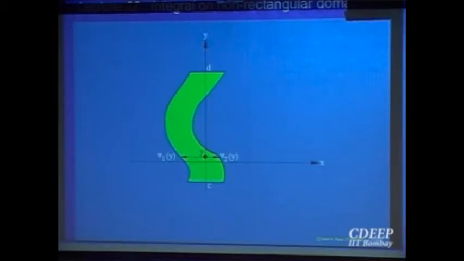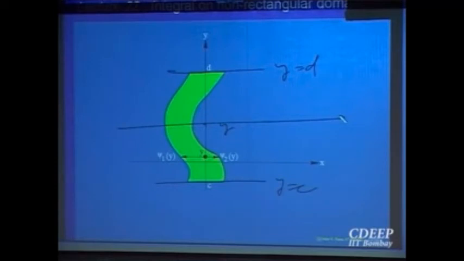So the basic idea again is, this is y equal to c to y equal to d, right? The y coordinate lies between these two. At any point if you take y in between and you take the horizontal line, whatever point you are choosing, if you are choosing x, then you are going perpendicular to x. If you are choosing y, then you are moving perpendicular to y.